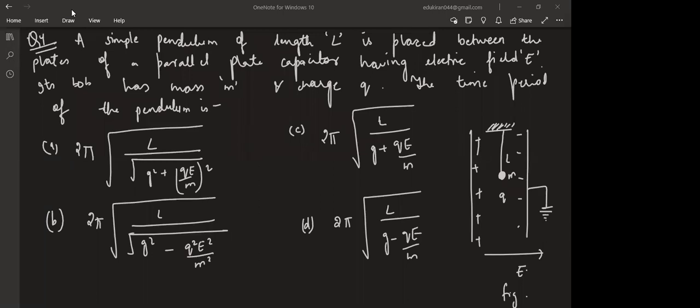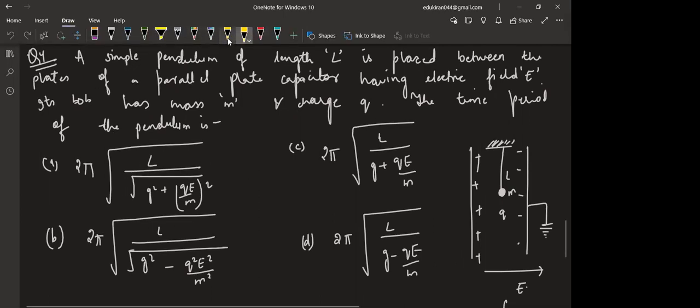So till now only Krishna's answer is correct. Yes, Priya and Krishna are correct.